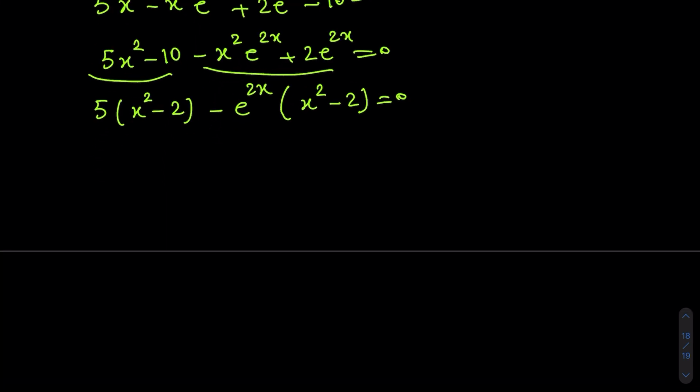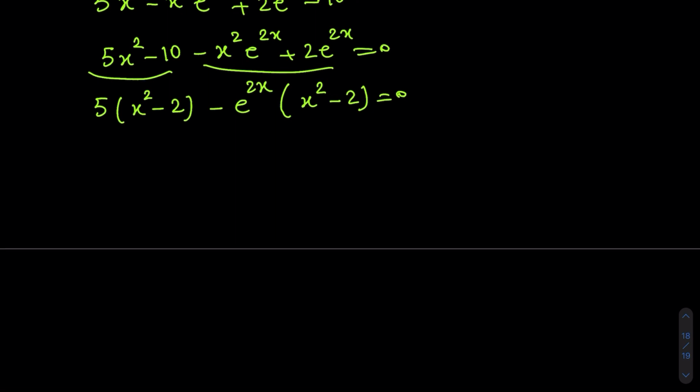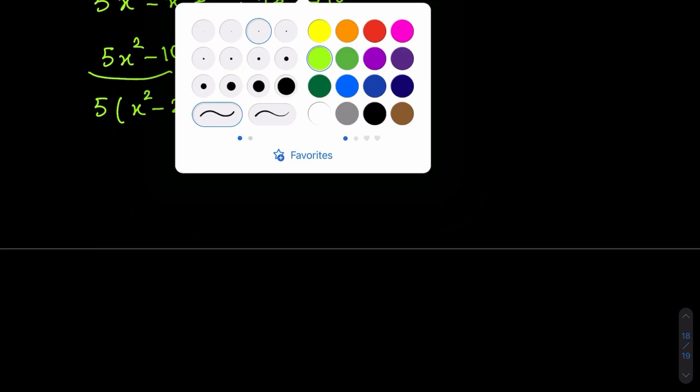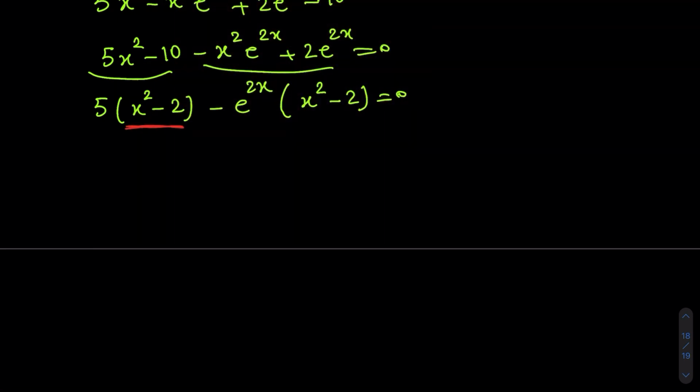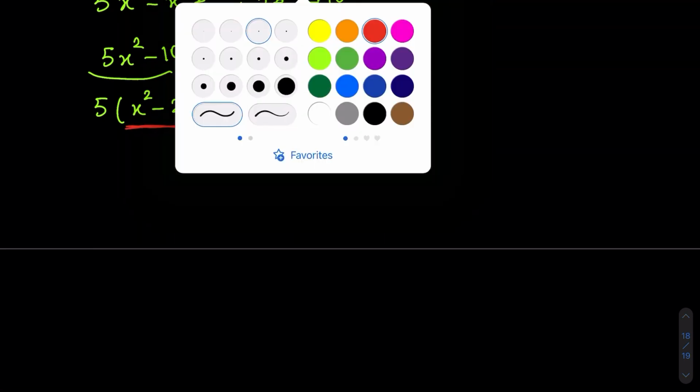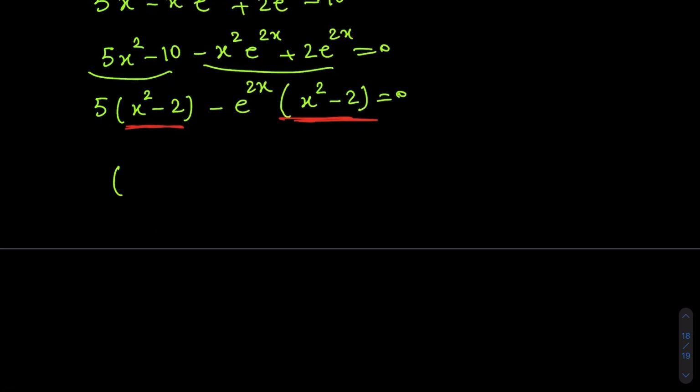So now it is getting more obvious. Now I can factorize these parentheses from this equation. So it will be x to the power of 2 minus 2 times 5 minus e to the power of 2x is equal to 0.